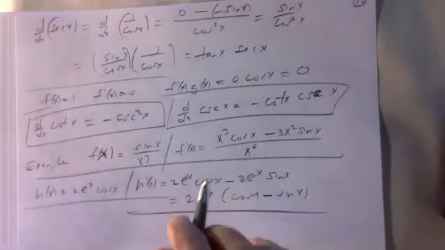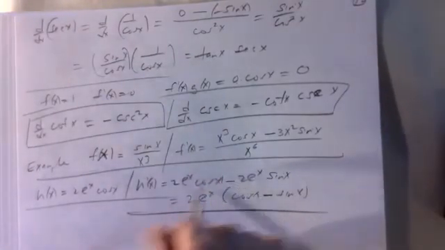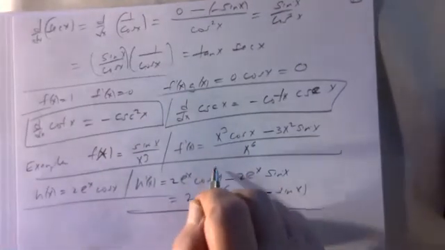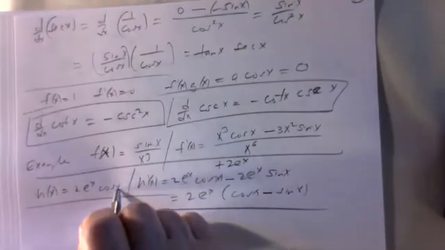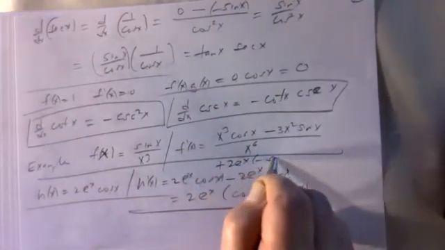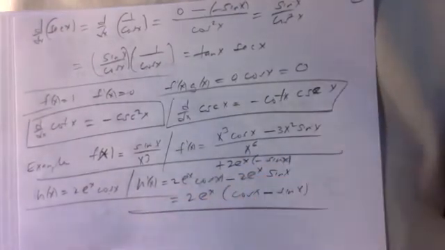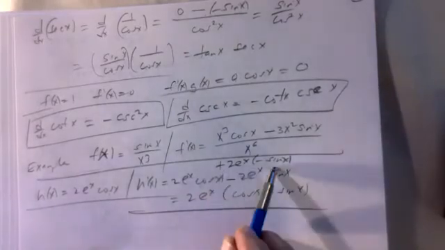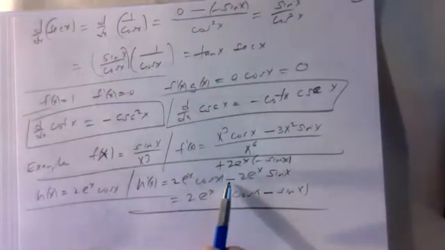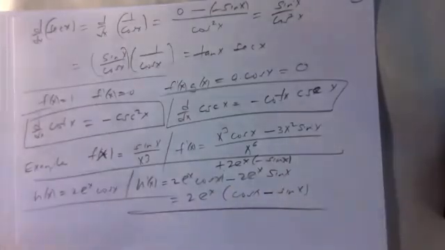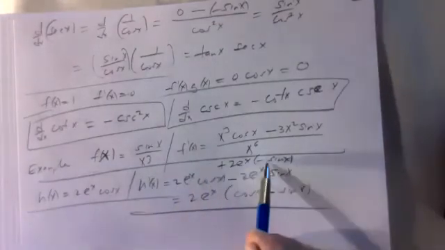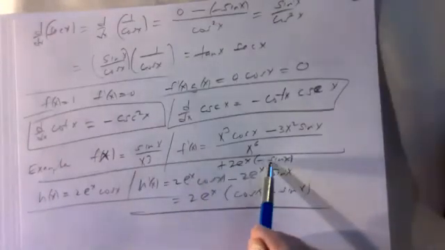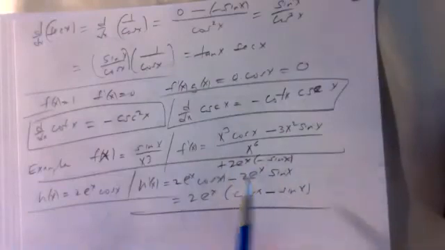It is plus, so the second term is plus 2e to the x times the derivative of cosine, which is minus the sine. So 2e to the x times minus sine x is minus 2e to the x sine x. It is plus because it's a product rule, but the derivative of the cosine is minus the sine. So you get minus there.